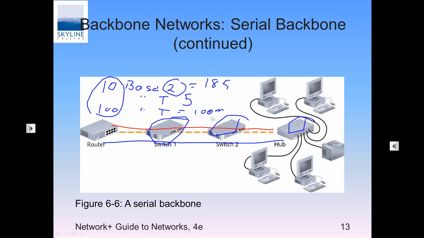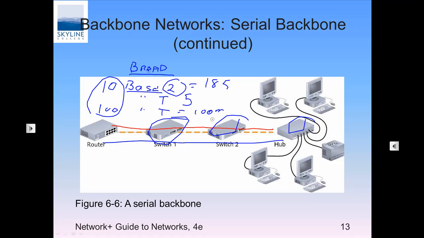But when you see these things, 10 base, the base, we're going to have a base or broad. And we talked about base and broad, I think, in layer 1. Base is baseband, 1 frequency. Broad is broadband cable. So base means that it is a baseband single frequency carrier when we do these things.